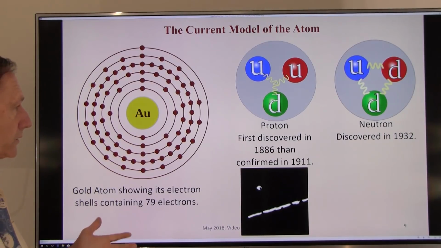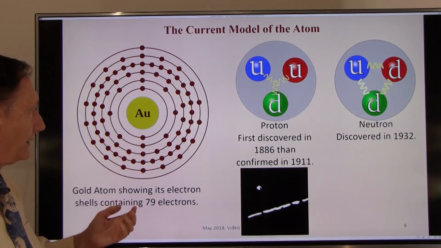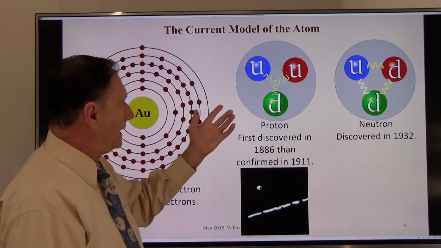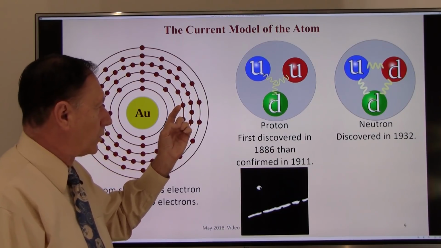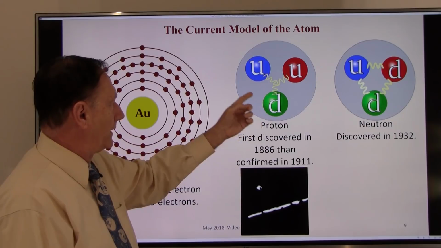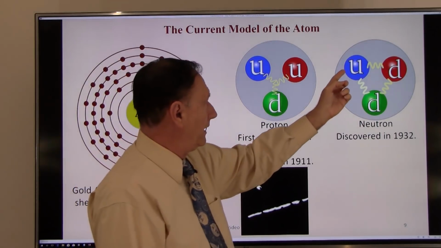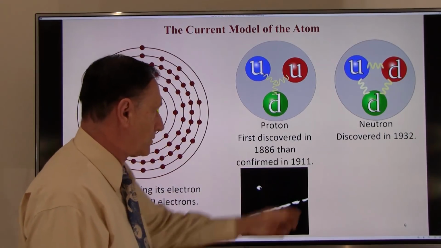Here's more of the traditional atomic idea, if we can call it traditional anymore. They created the idea of quarks. You have two up quarks and one down quark creating a proton, and an up and two downs creating a neutron. This was supposedly created.